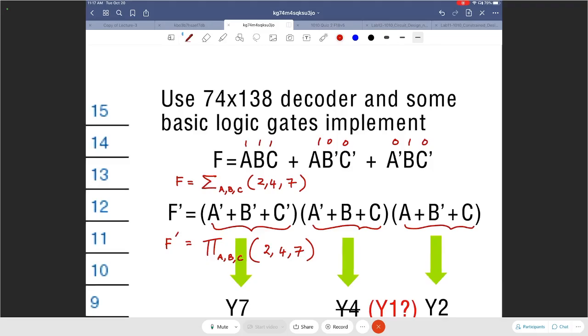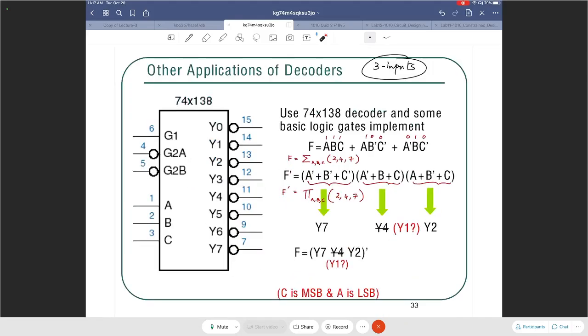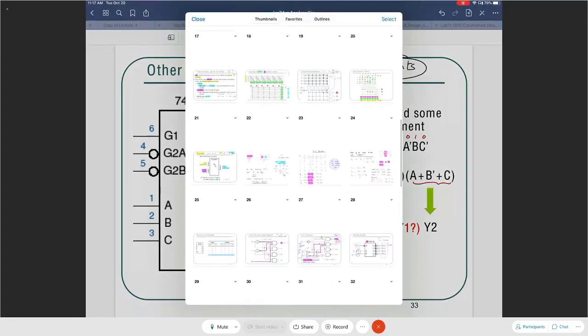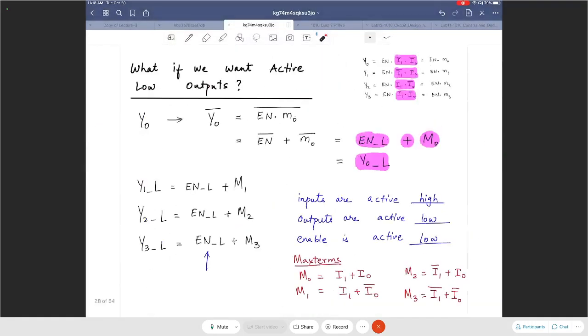Where have we seen this before? Max terms getting ANDed in the context of a decoder. Where have we seen that? Right here.